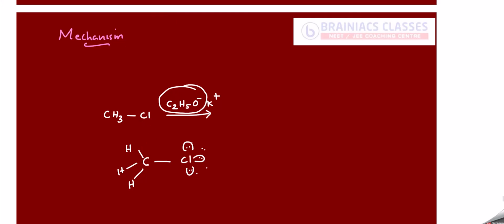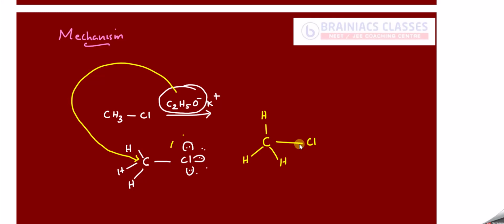So I can show it like this. Please see that. It will come via the back side and attack the carbon atom. If it is coming via the front, you can see the lone pair present in the chlorine atom will repel the minus charge. So the product that will be formed here is hydrogen here, another hydrogen here, another hydrogen here. Here the chlorine atom was present, but this chlorine atom has not left until now.